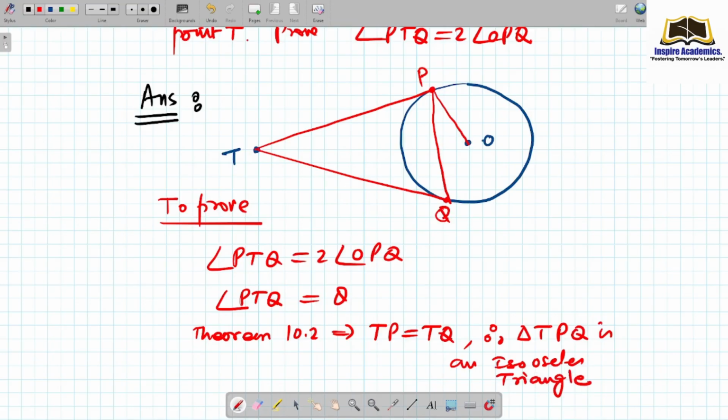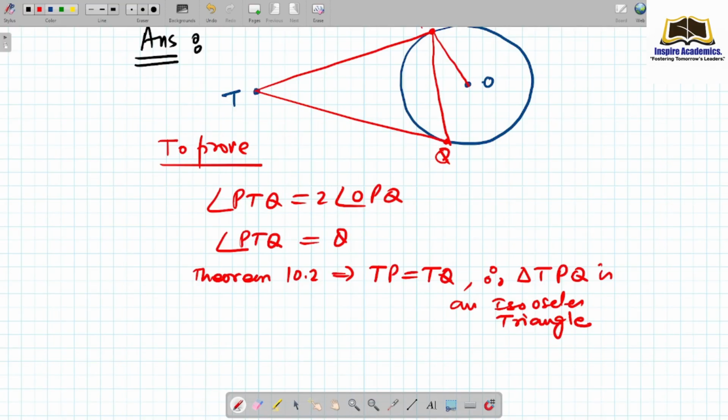All right. So that is one such conclusion, which simply means that angle TPQ equal to angle TQP. True? Yes or no? Yes, sir. Which is nothing but we can say this angle is equal to this angle. Now what did we assume? PTQ as theta, yes or no?